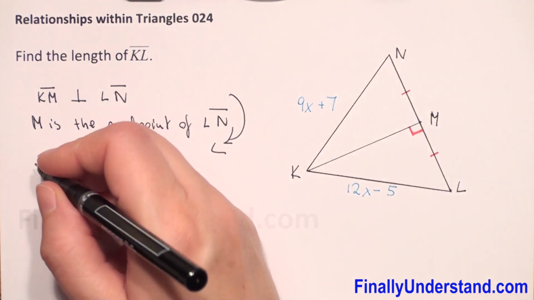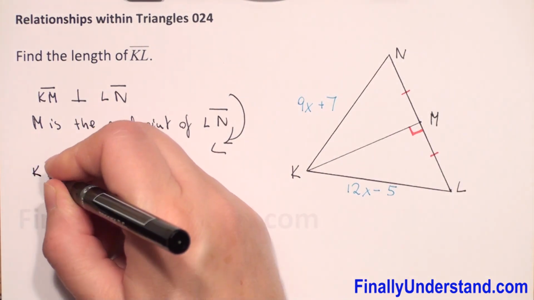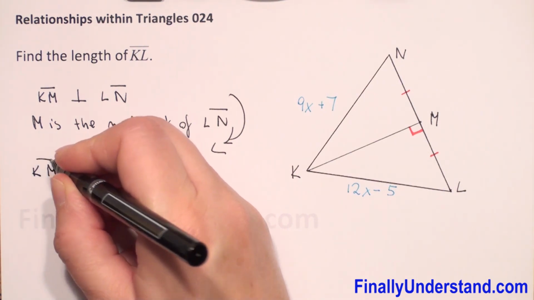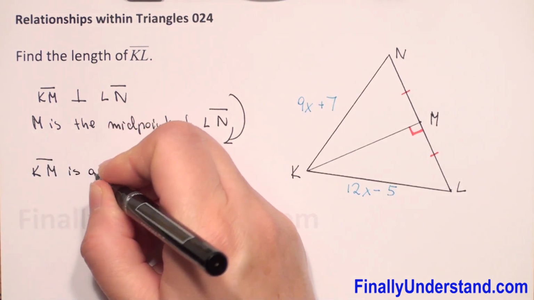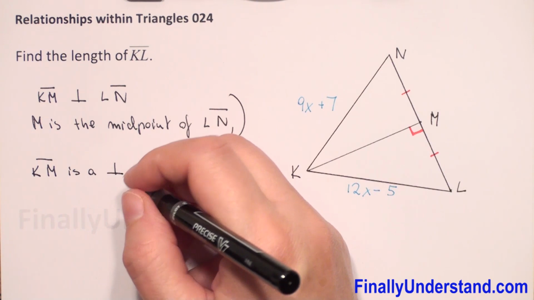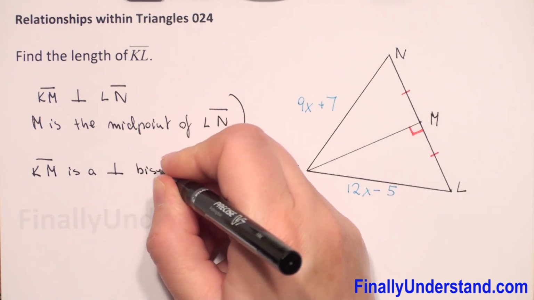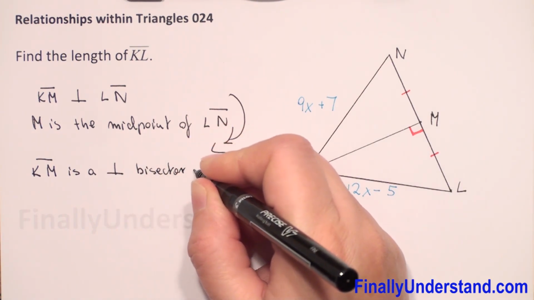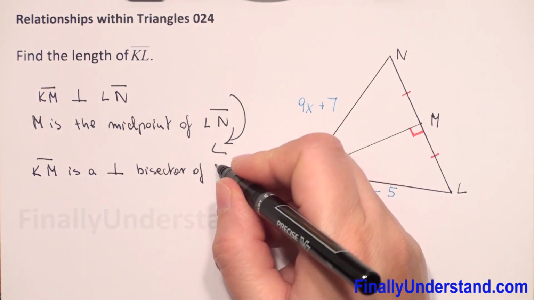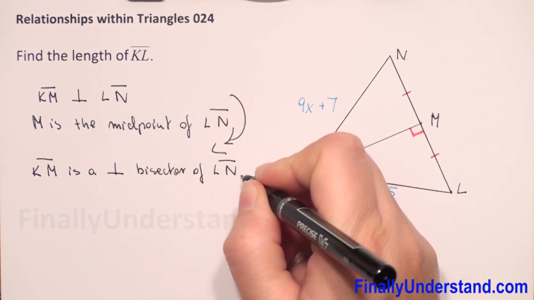So we can write that KM segment is a perpendicular bisector of LN segment.